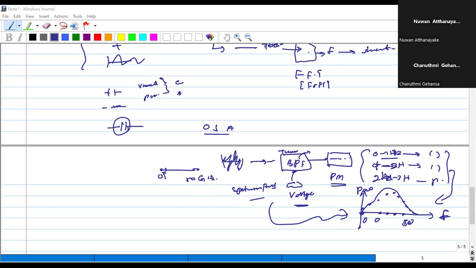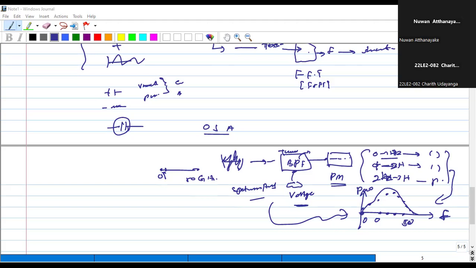And also the performance characteristics of an instrument. If you consider an instrument, there are some characteristics that can be used to measure its performance. Knowledge of the performance characteristics of an instrument is essential for selecting the appropriate instrument.